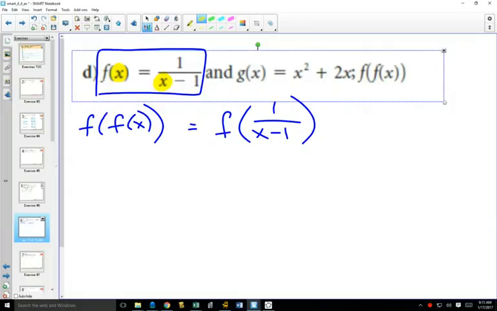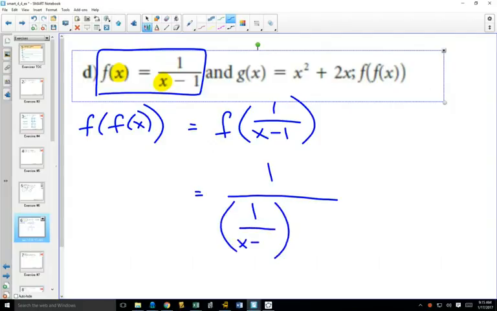So now we have a fraction, 1 over x minus 1, inside our function. So whatever we put in, this is going to equal 1 over, can you see the highlighted x here? Instead of that x, I have to write 1 over x minus 1, minus 1.